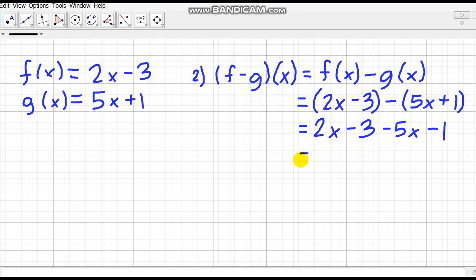Then we combine similar terms. 2x minus 5x, that is negative 3x. Negative 3 minus 1, that is negative 4. Therefore, f minus g of x is negative 3x minus 4.